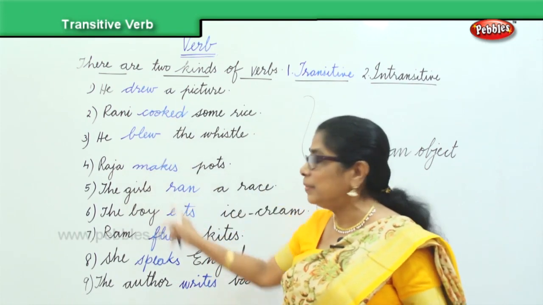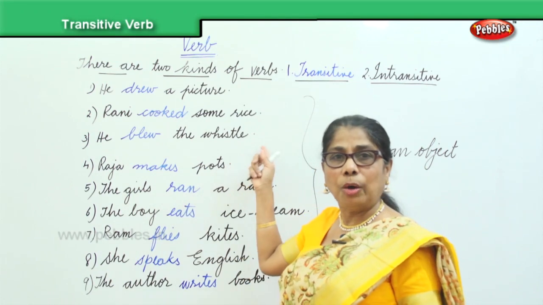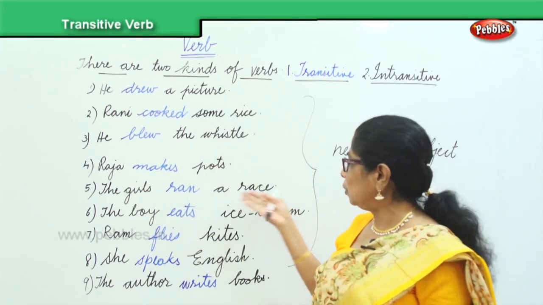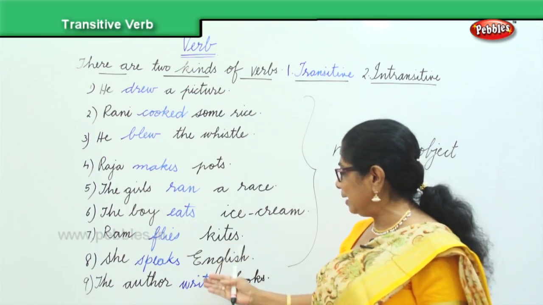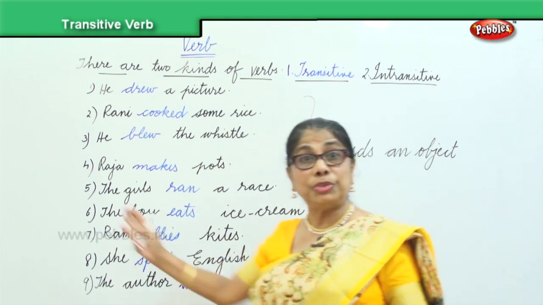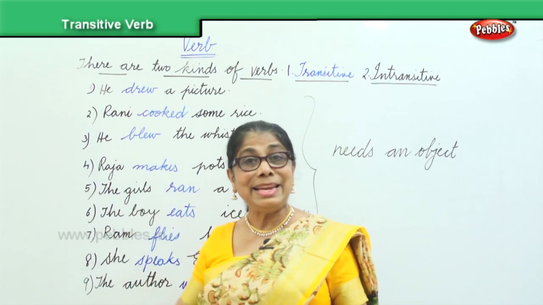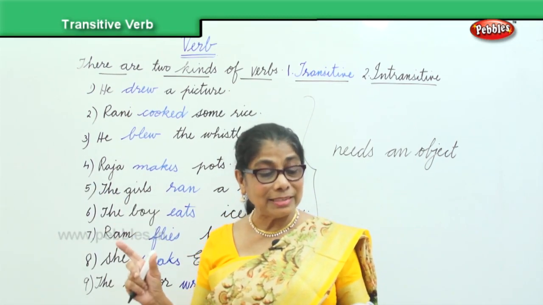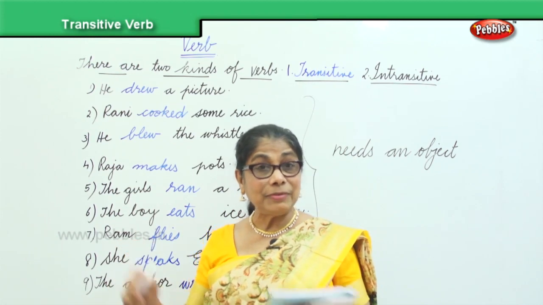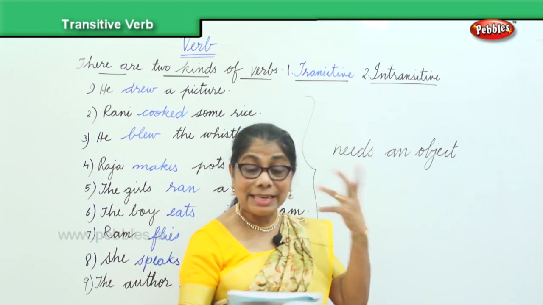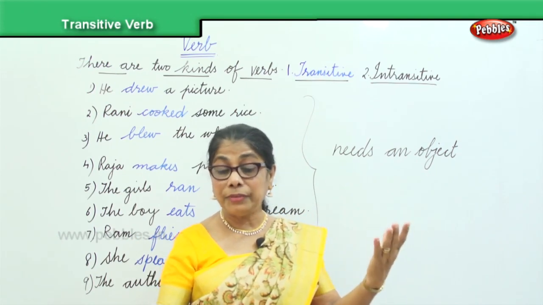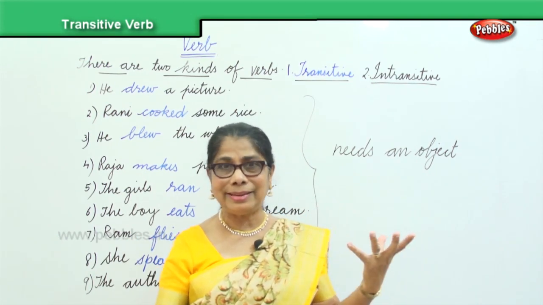The transitive verbs need an object. The objects are a picture, rice, whistle, pots, race, ice cream, kite, English. These are the objects. The subject needs an object to complete the sentence. So what is a transitive verb? A transitive verb needs an object. It takes an object. It requires an object after it to complete the transitive verb.